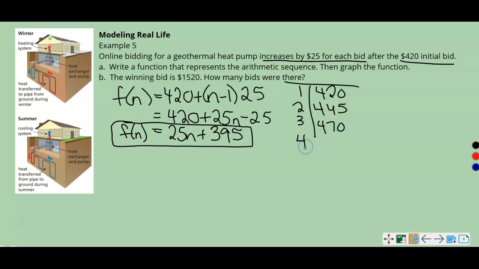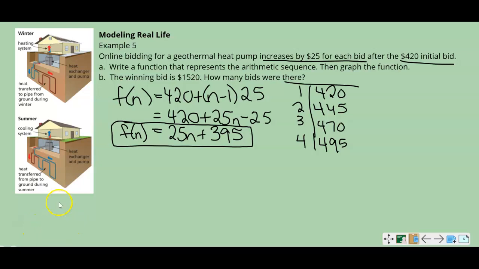And then our fourth bid would be another $25 added, so $495. And you could continue that on and on if you wanted to. So we eventually want to find out what the winning bid is, 1,520. But let's go ahead and graph this first and see what that gives us.